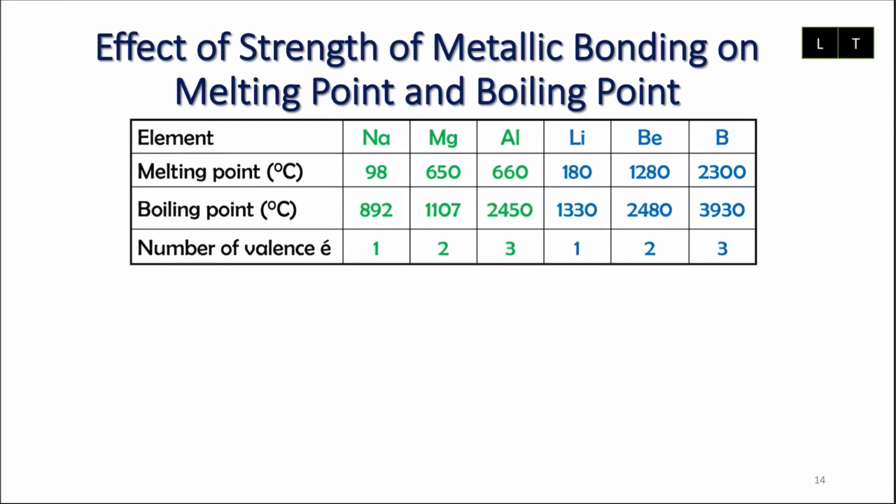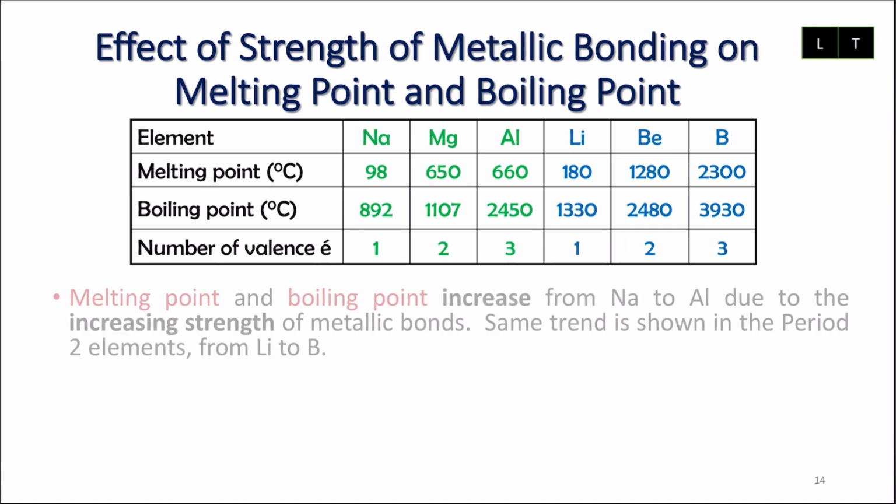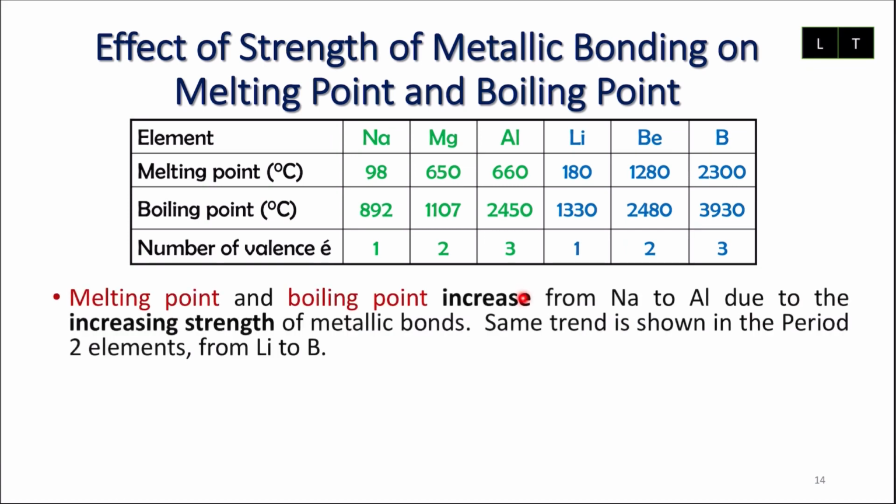Apa yang kita boleh conclude dekat sini, we will discuss 2 different periods about their melting point and boiling point. You can see that melting point and boiling point increase from sodium to aluminium due to increasing strength of metallic bond. So maknanya metallic character untuk aluminium adalah yang paling tinggi dan sodium adalah yang paling rendah untuk same period.